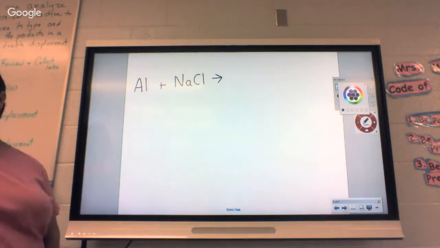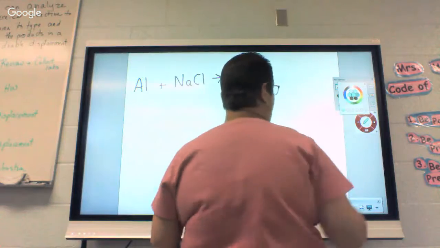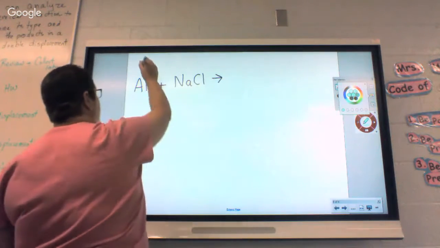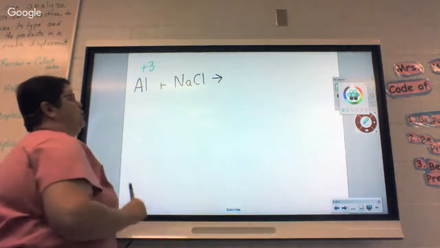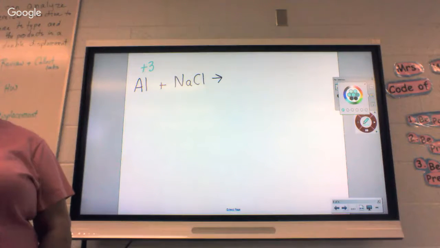You need to figure out who is going to switch places. So, Al has what oxidation number? Is it positive or negative? Here it's important to know who's positive and who's negative, because you need to know the signs to know who's going to switch. Are the two positives going to switch or are the two negatives going to switch?